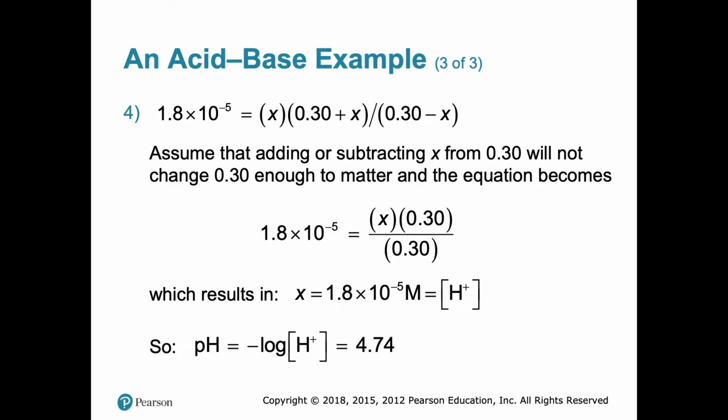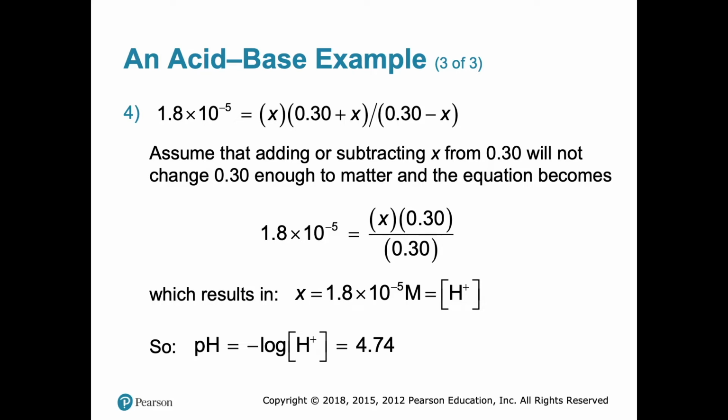So all that leaves you with the Ka, and the 0.3 here, the plus x is gone, and over here the minus x is gone. So that just gives you x times 0.3 divided by 0.3, and then x equals 1.8 times 10 to the negative 5.